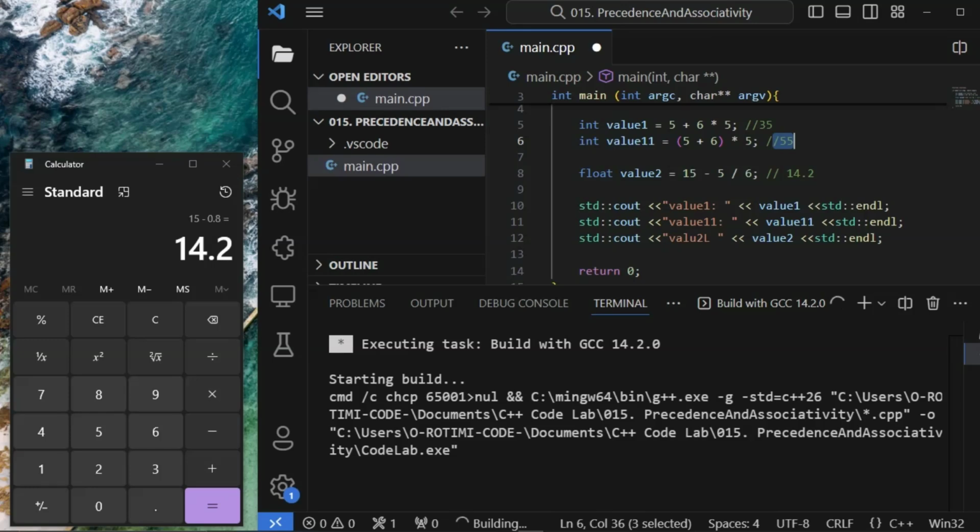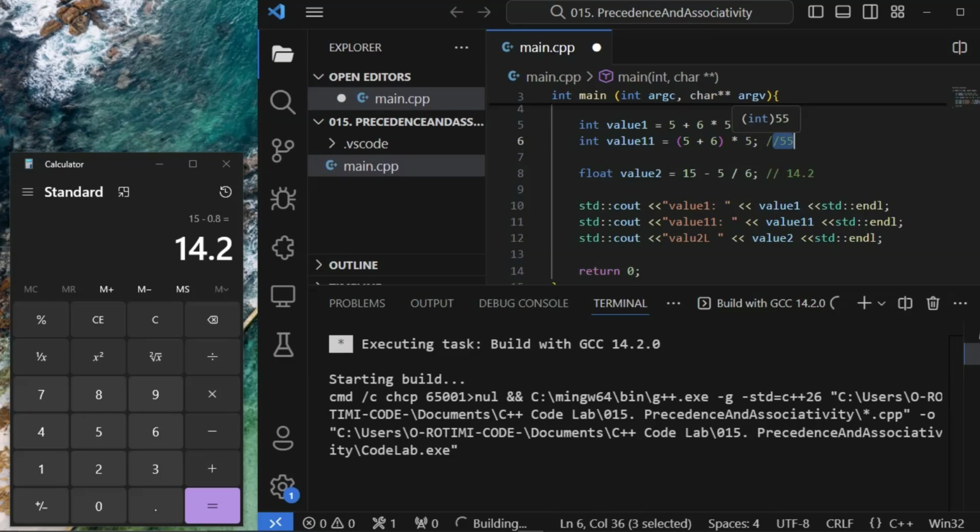Okay, taking my time. Sorry, there's even an error here. There should be value 2. It should be like this, but the compiler has taken over already. So that is how associativity and precedence work.